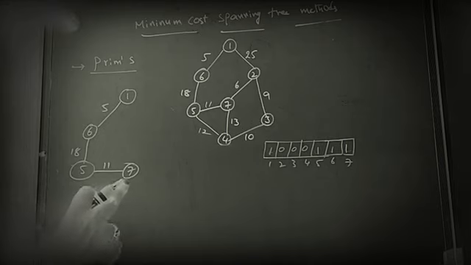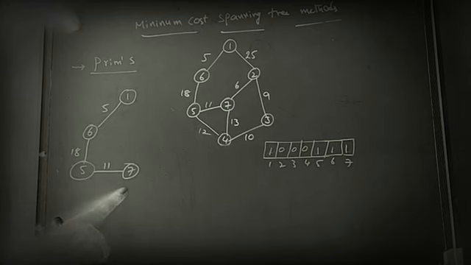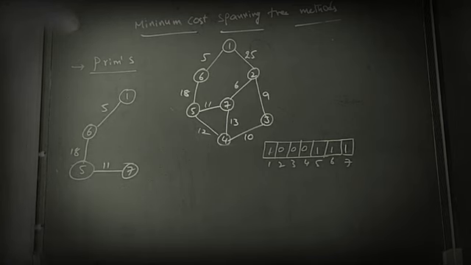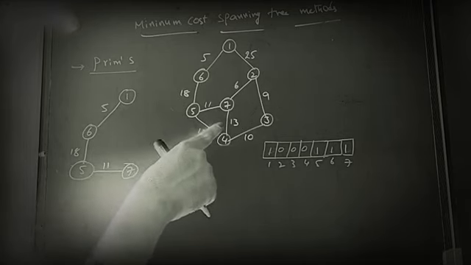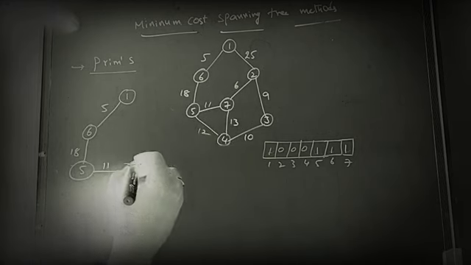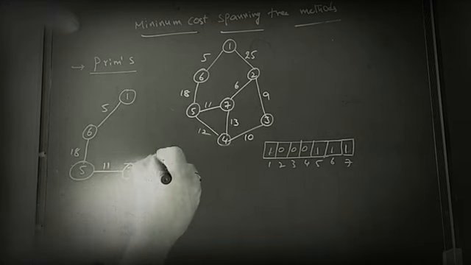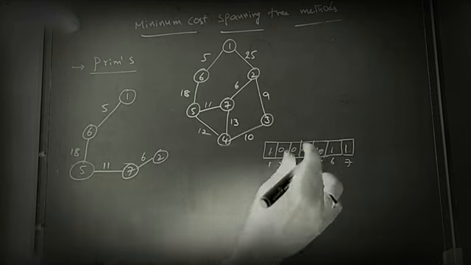Next, from 7, 1 and 6, you can check all the possibilities among the visited nodes and take the minimum cost. 7 has a cost of 13, another edge has cost 2. So take the minimum edge. Okay, 2 is visited.